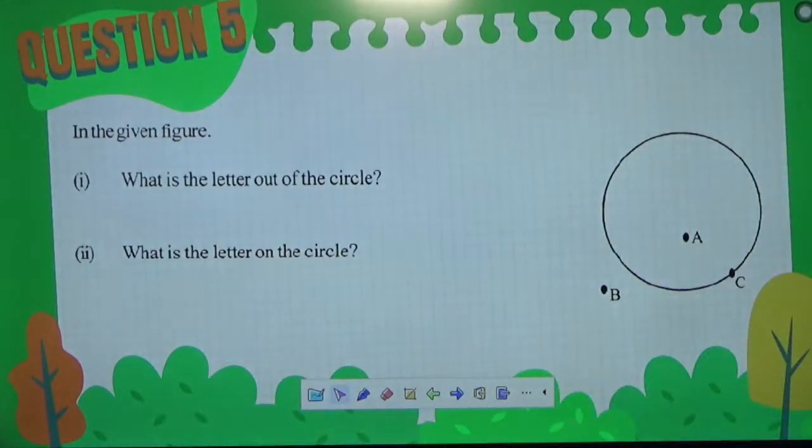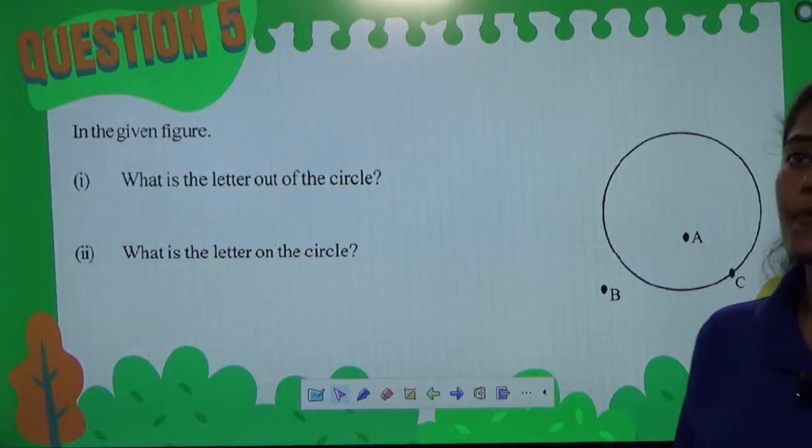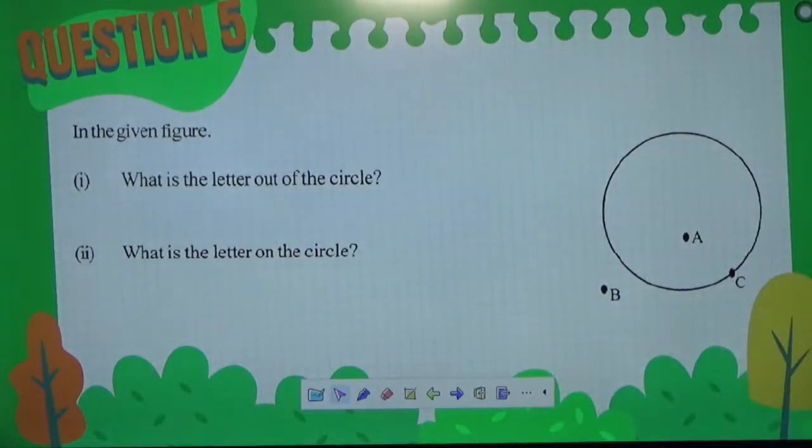In the given figure, what is the letter outside of the circle? The next one, what is the letter on the circle?